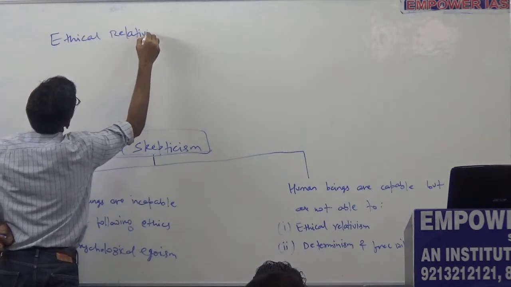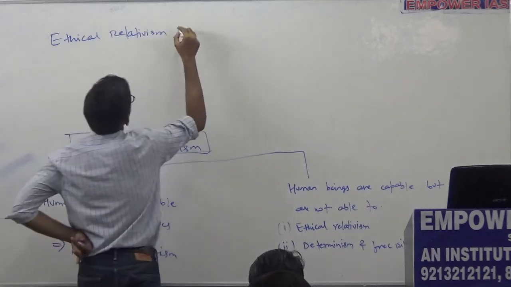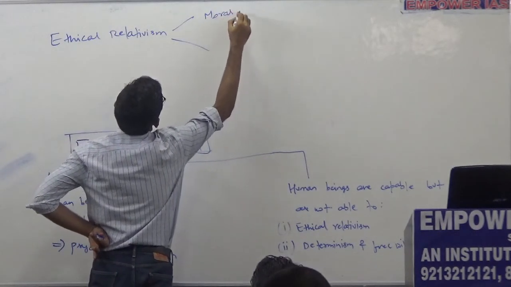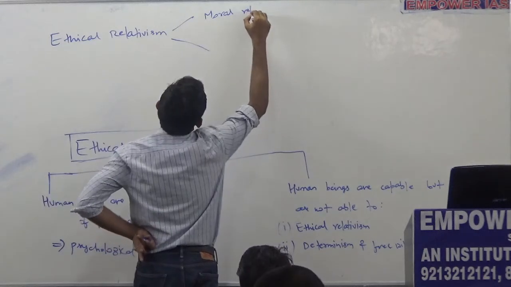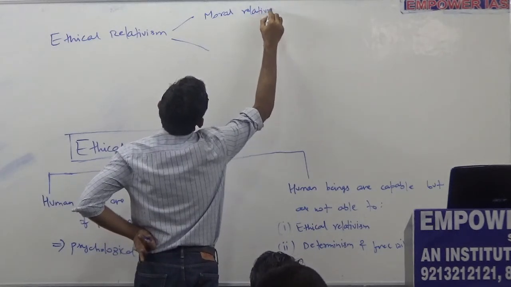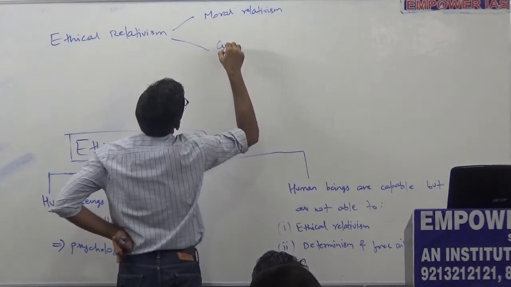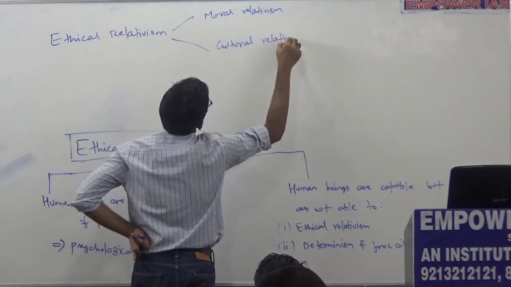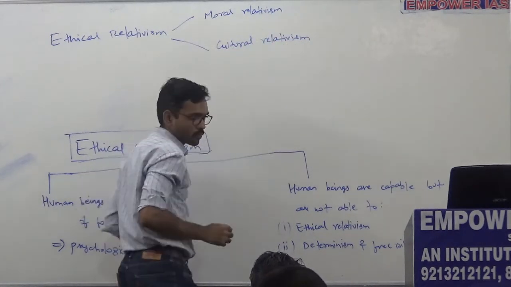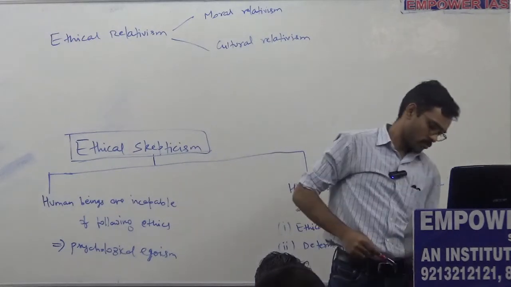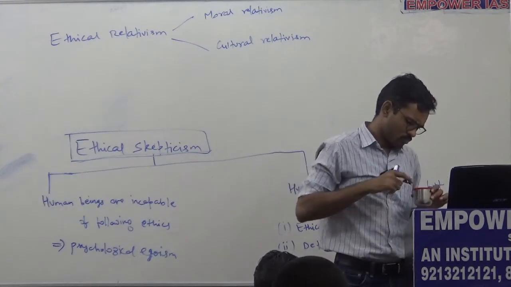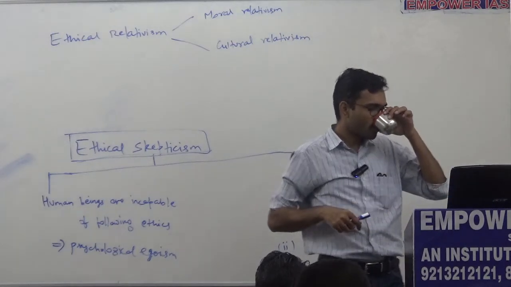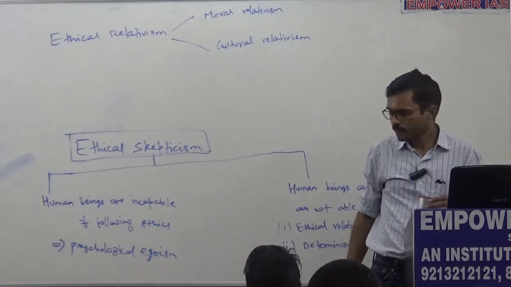Relativism. So ethical relativism has two parts: moral relativism and cultural relativism.